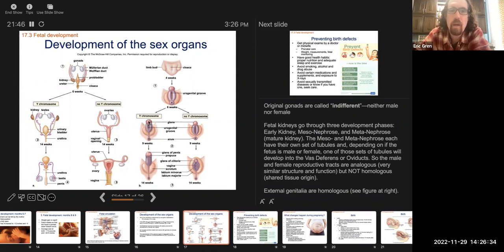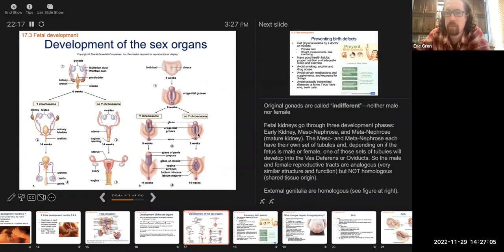Okay. So you'll see that the structure that's going to become the head of the penis, what we call the glans penis, is homologous to what's going to become the clitoris in the female system. Okay, the tissue that forms the shaft of the penis, shown here in purple, is actually going to become the inner lips around the vulva, right?